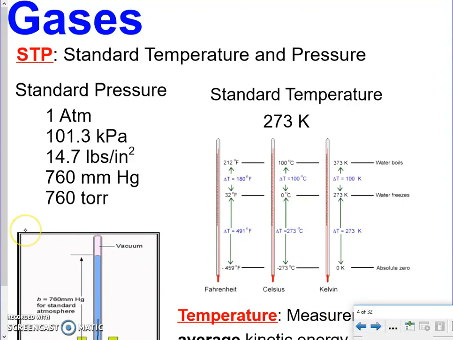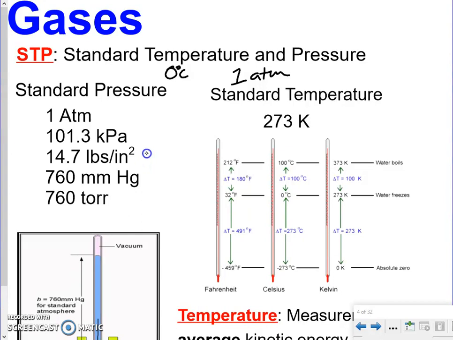We also have STP and temperature to review. Remember, STP stands for standard temperature and pressure. This will occur at 0 degrees Celsius and 1 atm. And 1 atm is equal to 101.3 kilopascals, or 14.7 pounds per square inch. You've probably already seen that term if you're driving and having to fill your tires.